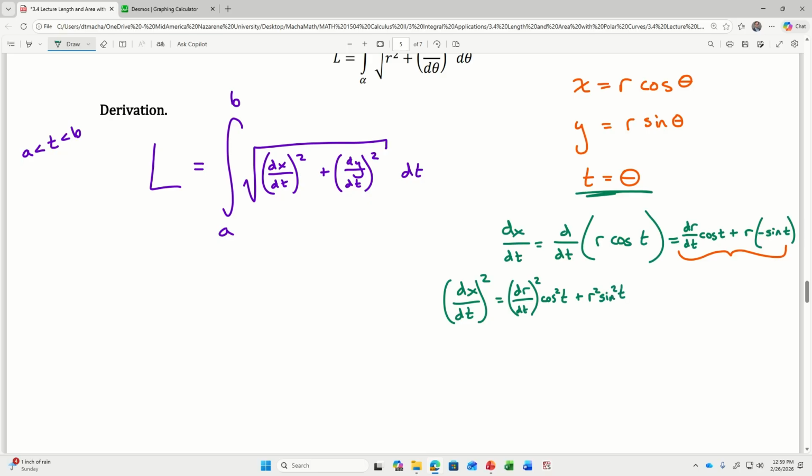And then we get the terms from multiplying the first term by the second term, and we get two of them, right? Because it's first, outer and inner. So we get two terms that look like dr dt times r times cosine times negative sine. So I'm going to write minus 2r cosine t sine t dr dt.